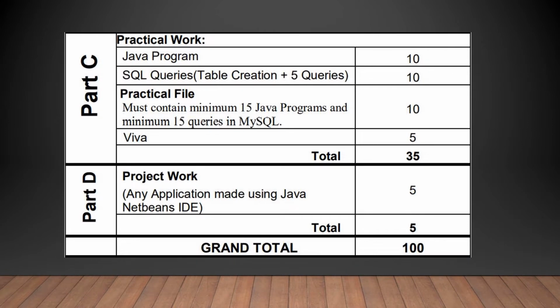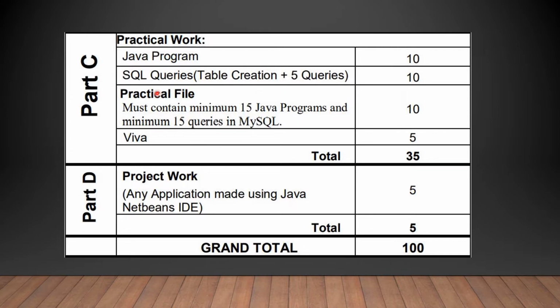Part C. First of all, practical work. It has 2 parts, Java program and SQL queries. Java program are of 10 marks as well as SQL queries are also of 10 marks. Then is practical file. It must contain 15 Java programs and 15 queries in MySQL. This is the minimum number that you should have. You can even prepare more than 15 of each.